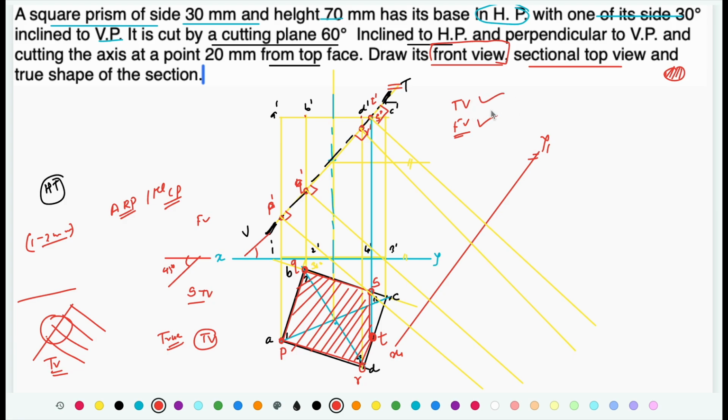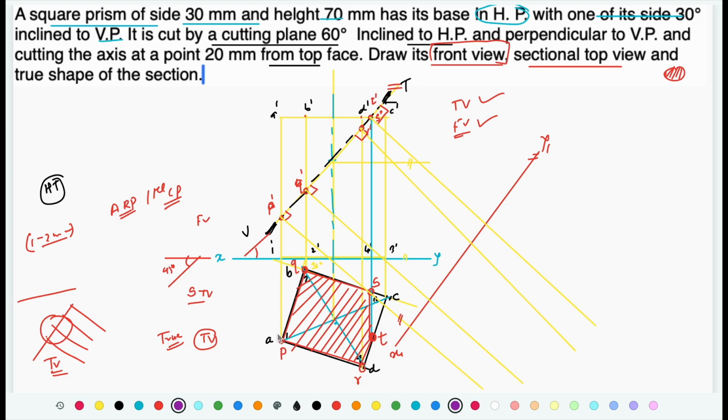Okay, now how are we going to use that top view? Let's say I am going to locate the point P. This is the projector of P. Let me take a different color, okay, let me take this violet color.